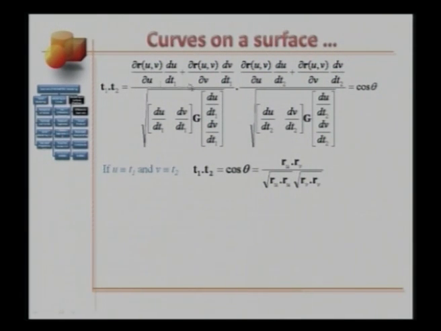So in the numerator we'll have r sub u, this expression goes to 0. In the denominator here we'll have 1 and 0, and this is 1 and 0. Correspondingly, this expression can be simplified to r sub u dotted with r sub u.